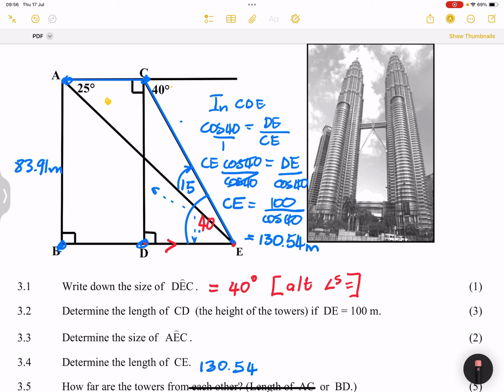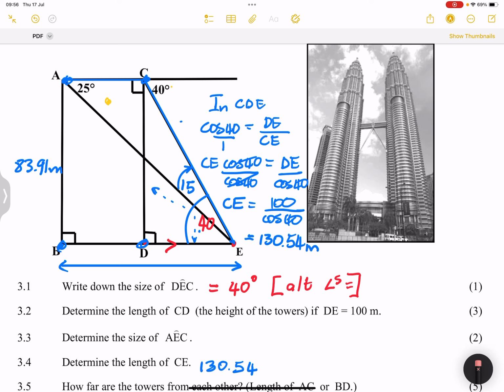I would actually find, firstly, the length of BE, that entire length over there. Now, that means I need to get into this triangle over here, triangle ABE. Okay?